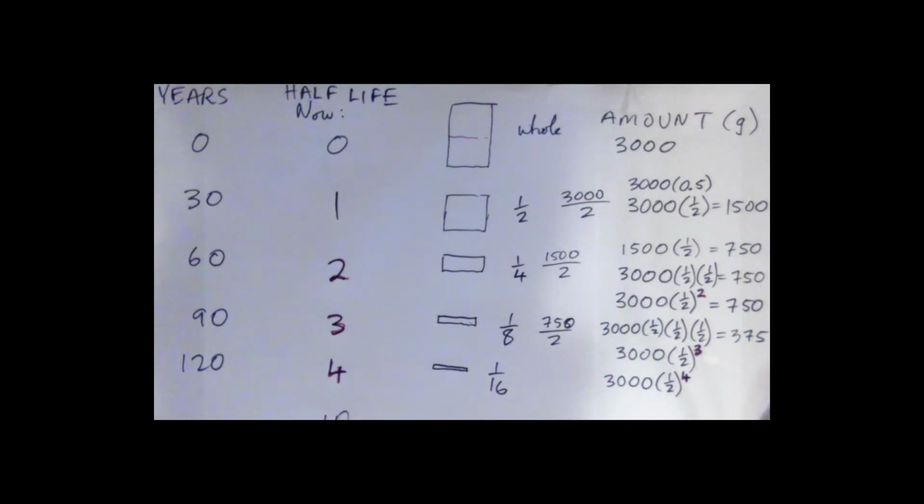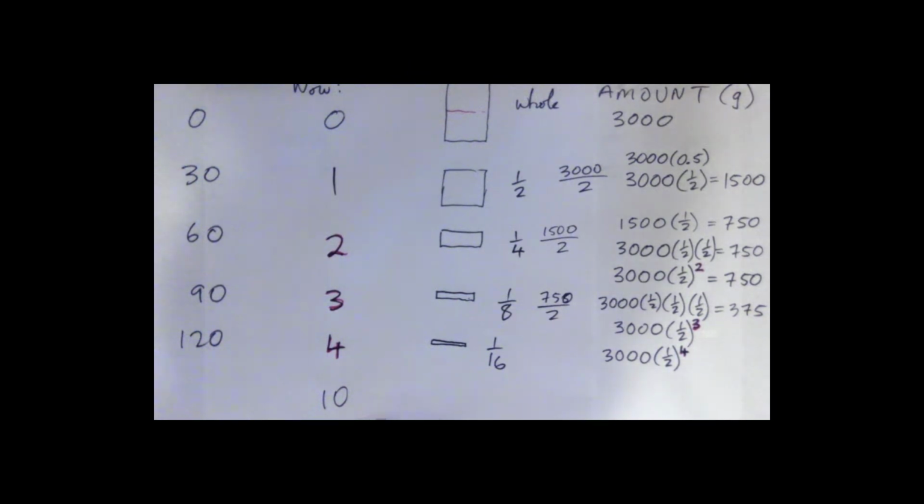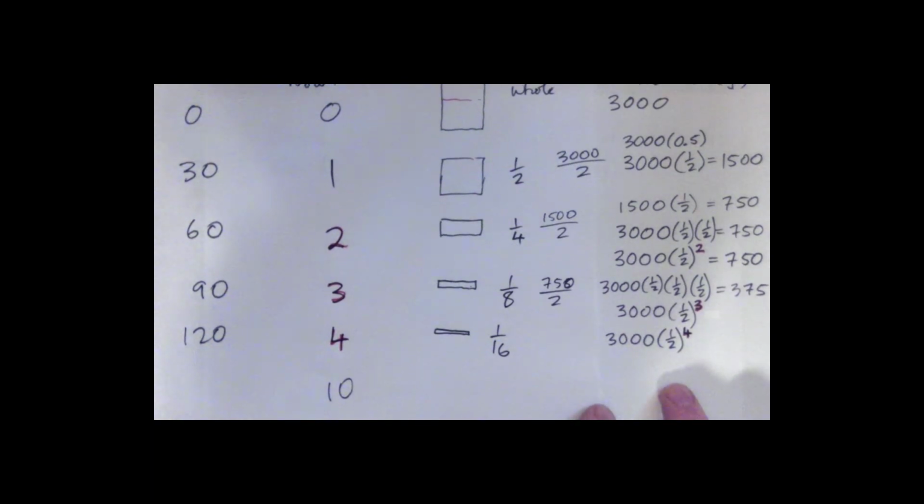The calculator understands PEMDAS. So, yeah, we'll do calculator in a second. I just want to do 10 half-lives now. So what would it look like for 10 half-lives? Right. So, good. So 3,000 times a half to the power of 10.